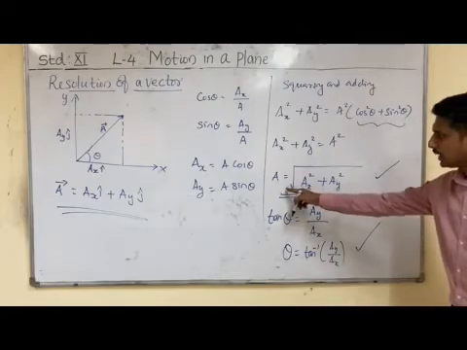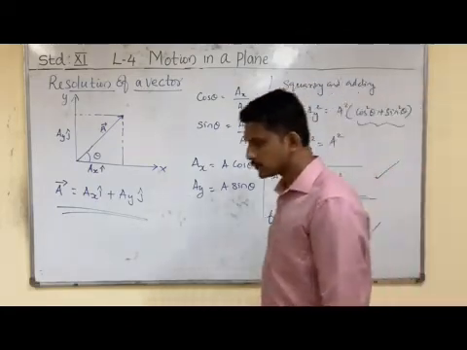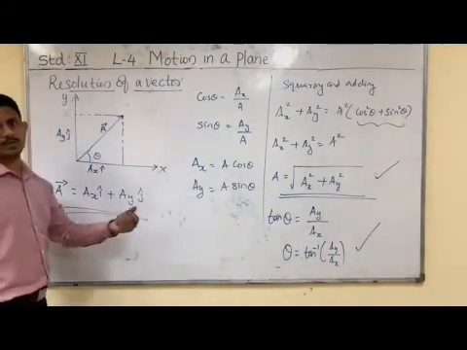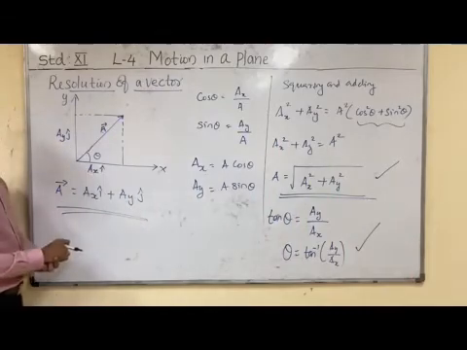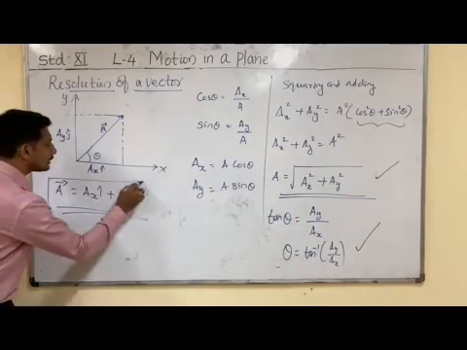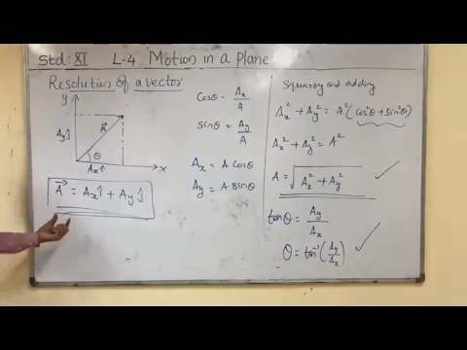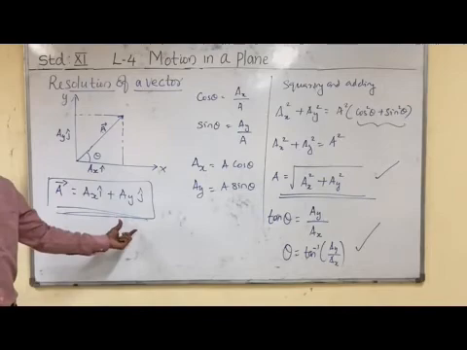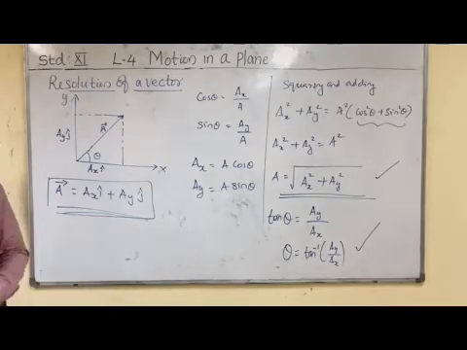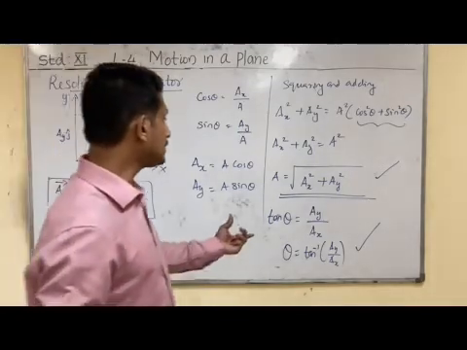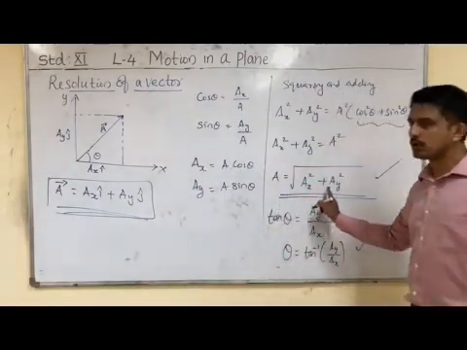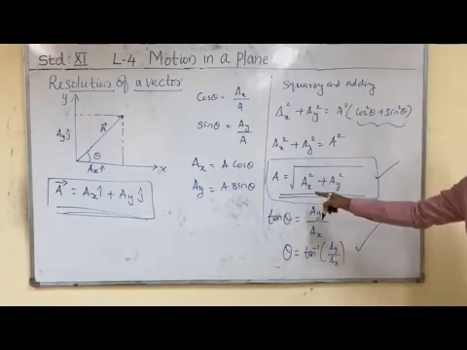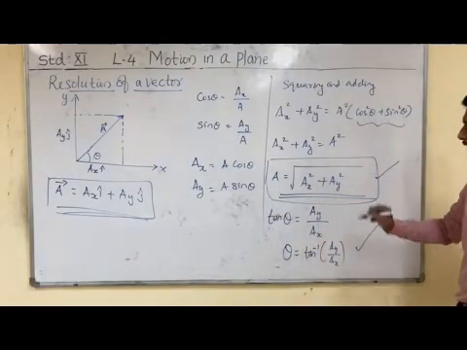Here you can observe that this method is known as the resolution of a vector: a vector is split into its components. We represent vector A as AXi plus AYj. Then we saw how to find the magnitude of the vector: A is equal to the square root of AX square plus AY square.